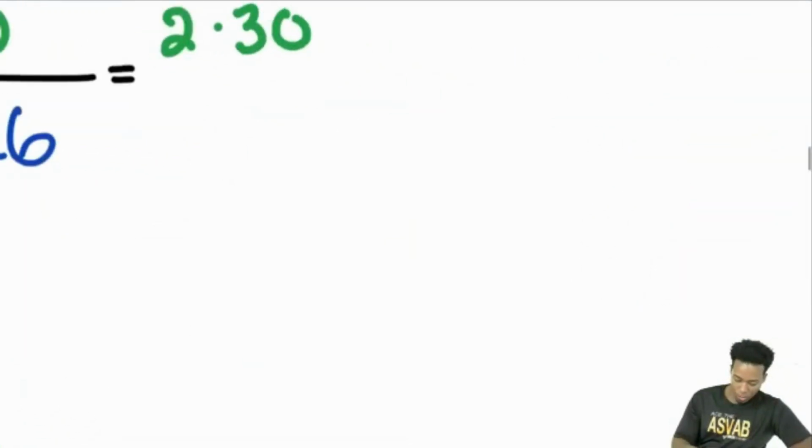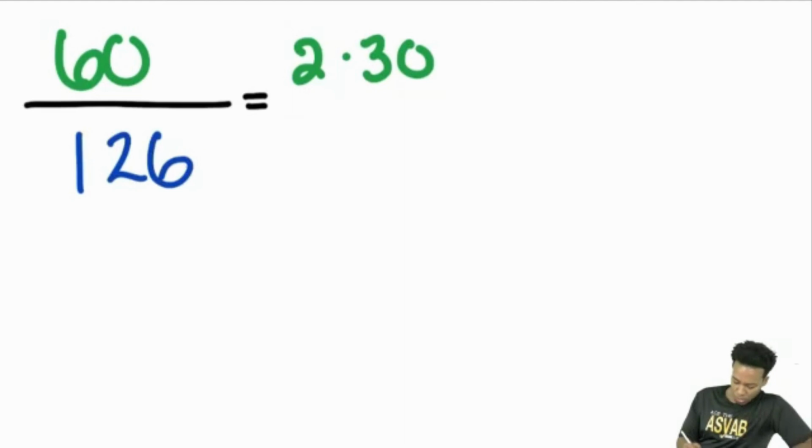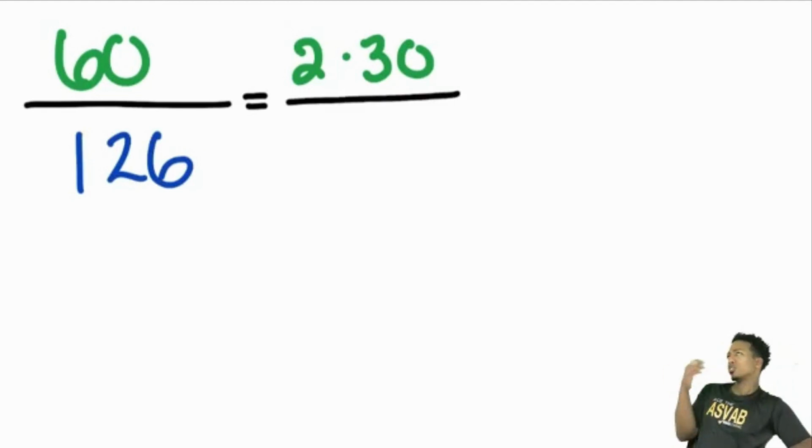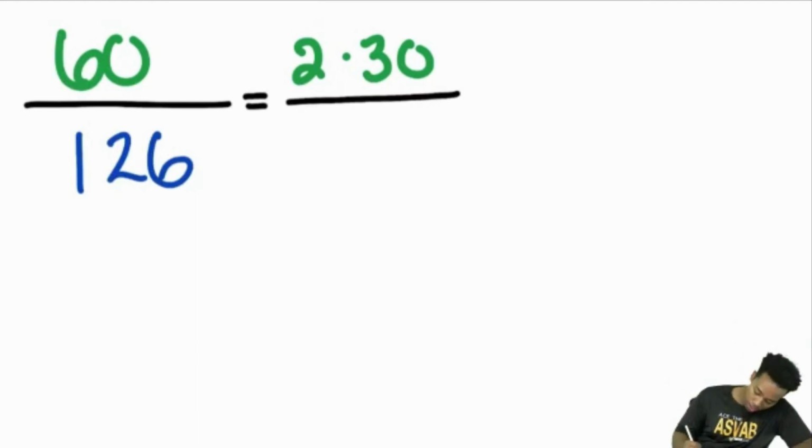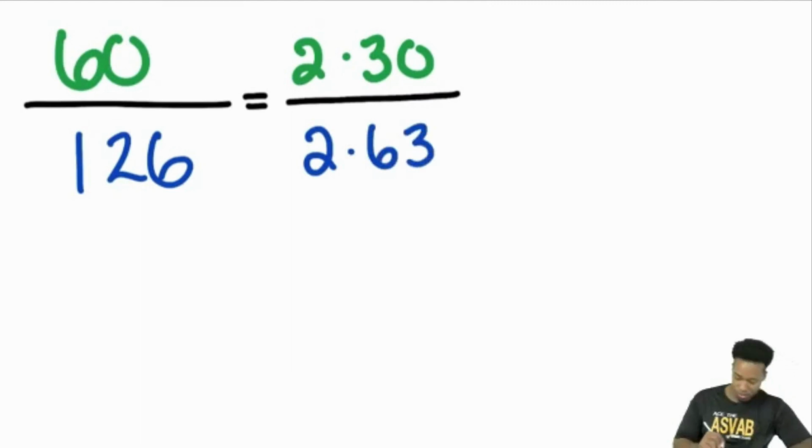All right. So let's go ahead and tackle this here. Everybody, is it true that 120 divided by 2 is 60? So 126 would be basically 63 times 2. So everybody, do you agree that 2 times 63 is equal to 126?